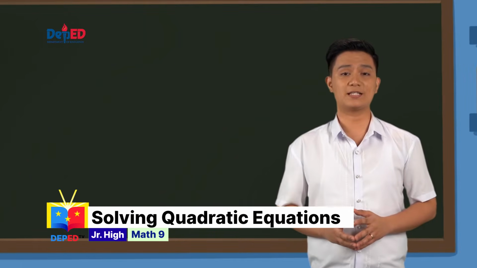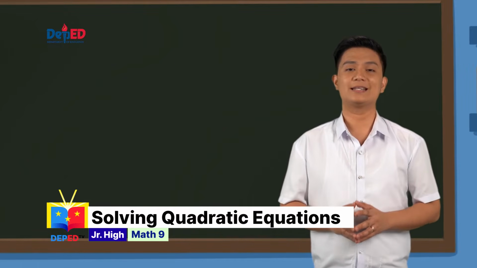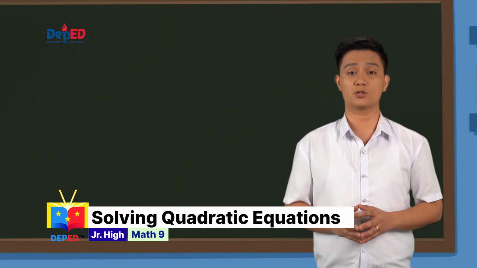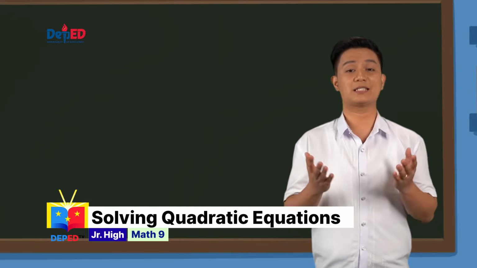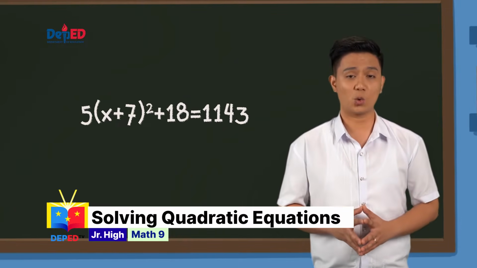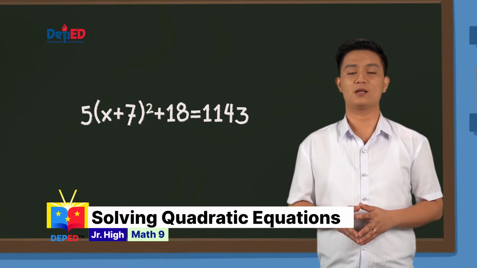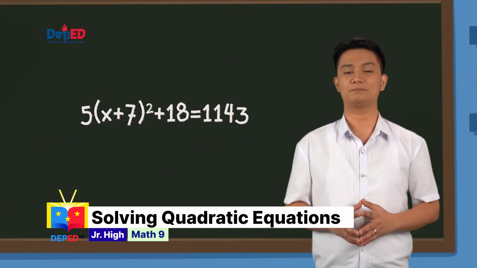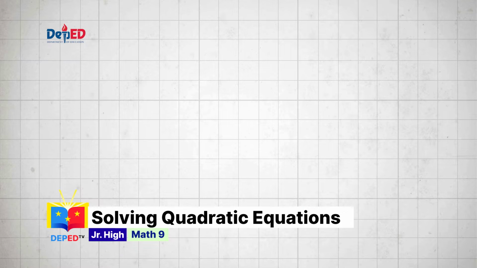Let's have more examples of quadratic equations that can be solved by extracting square roots. So, here is the second one. 5 multiplied by the square of x plus 7, plus 18 equals 1,143. It is of the form a multiplied by the square of x minus h equals k.